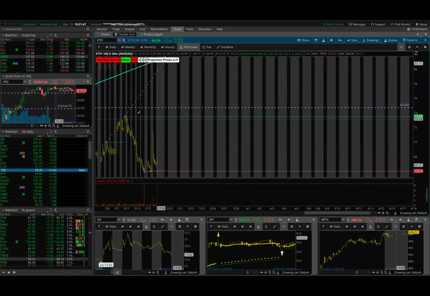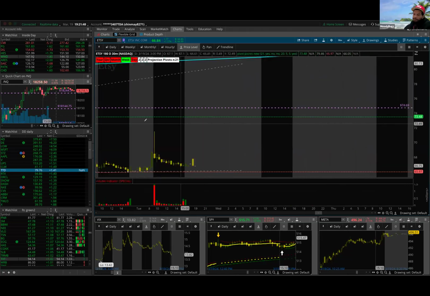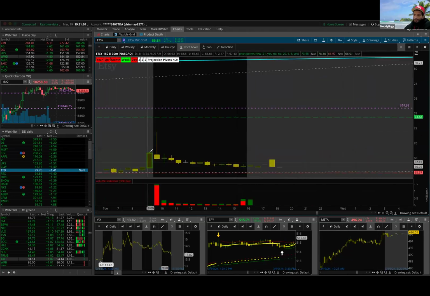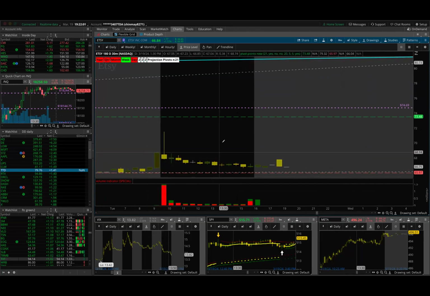I think actually just in the morning when it decided. Yeah, it gapped up and then it opened and had a big spike right away, right? And then it just came right back down. This would have been a good short, actually.